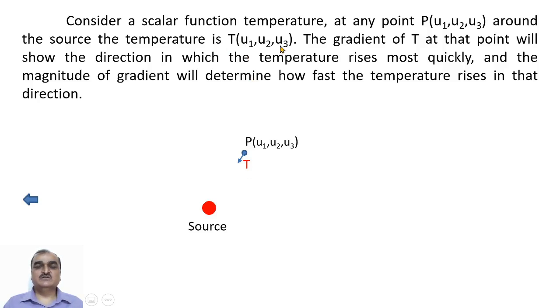Then T is also a function of the coordinates. As the position of the point P changes, the value of T changes. Therefore, T is a function of coordinates. Then the gradient of T at that point will show the direction in which the temperature rises most quickly, and the magnitude of gradient will determine how fast the temperature rises in that direction.